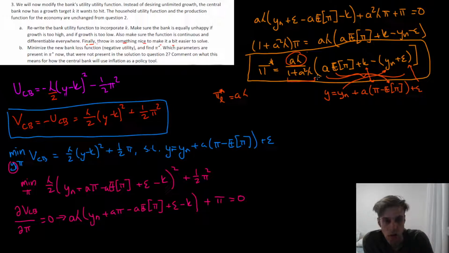Okay, anyway, so what can we say is present that wasn't present before? Well, yn is present, epsilon is present, k is present, of course, we didn't have k before, and expected pi is present. So first of all, actual important things to say.